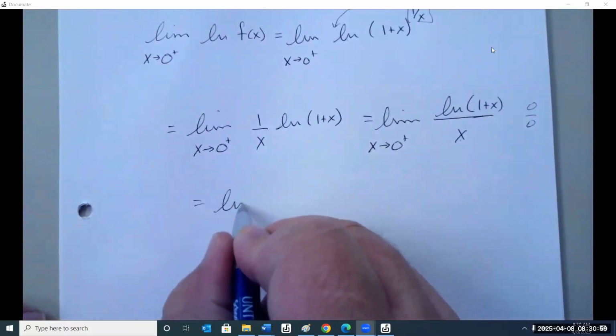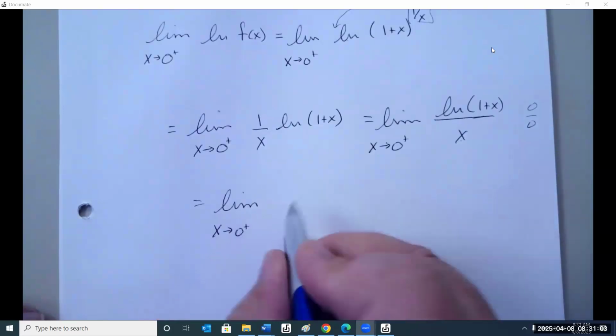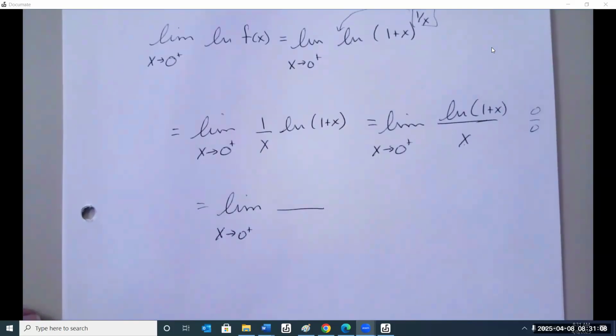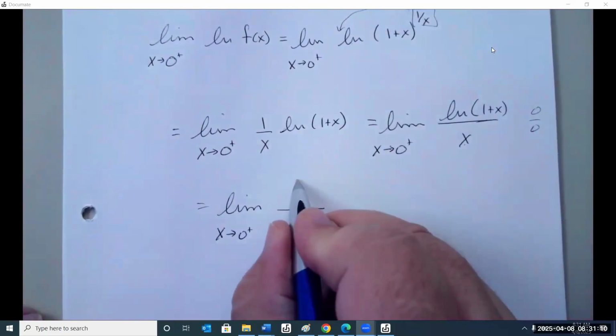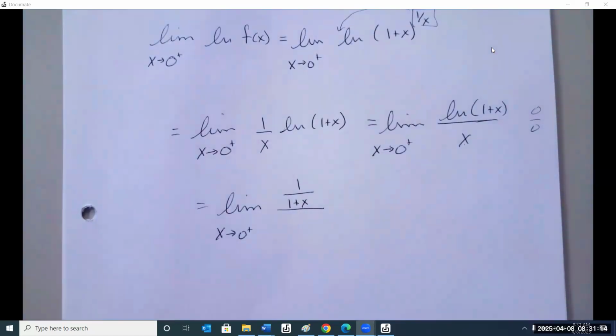We'll take the limit as x approaches 0 from the right. What's the derivative of ln(1 + x)? 1 over 1 plus x. Again, whenever you're doing these homeworks or anything, make sure you have your formula chart, because obviously you're not memorizing these.